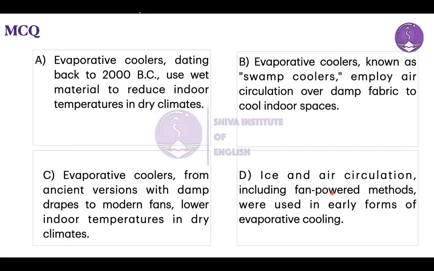Option D stated ice and air circulation, including fan powered methods, were used in early forms of evaporative cooling. Now, if you observe option 4, it correctly identifies the use of ice and air circulation. It lacks the detail about damp fabric and swamp coolers, again, which are significant aspects of the passage.